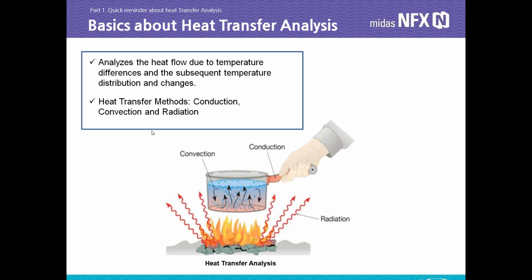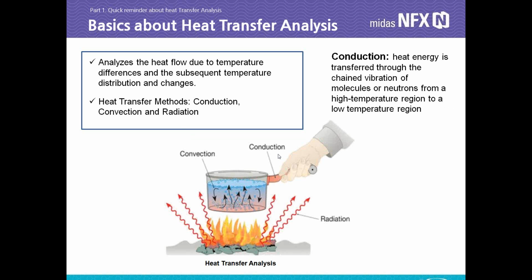To analyze heat flow due to temperature, you have different types of heat transfer methods: convection, conduction, and radiation. Conduction is the heat energy transferred through the vibration of the molecules. In fact, you cannot really see it, but when you have 2 solids, one against another, you have some interface between the 2 solids, and the vibration of the molecules makes it possible for the temperature to be transferred.